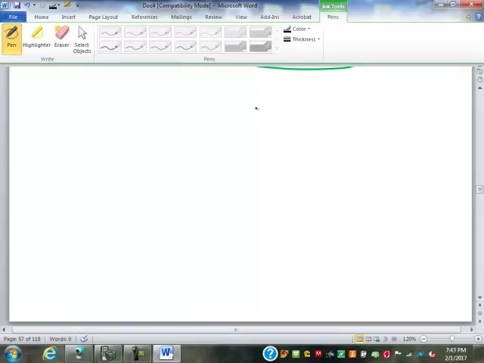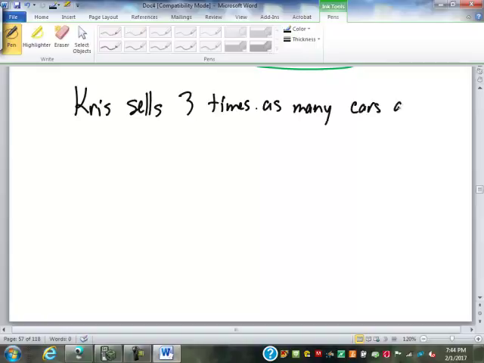Let's make these a little more complex. Let's say that Chris sells 3 times as many cars as Sam.